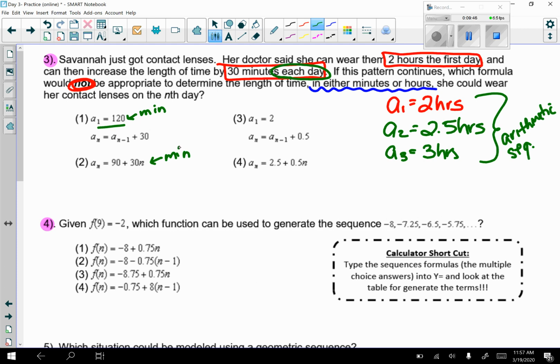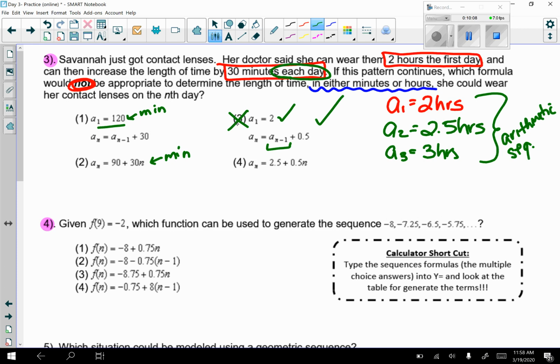Choice 3, a sub 1 equals 2. That's in hours, good. A sub n equals the previous term plus 0.5. That's good, it works. So I'm going to cross off choice 3. Choice 4, I'm going to go to 2.5 plus 0.5n.